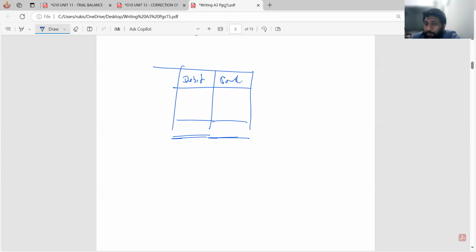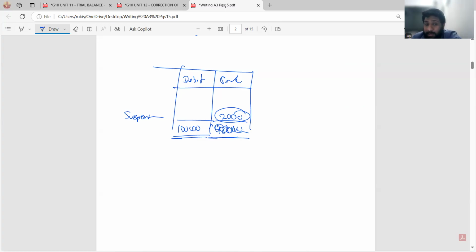That means probably what would have happened. Just say, if the debit side is 100,000, the credit side is only 98,000. That's why you are writing 2000 to the credit side of the suspense. After that it will become 100,000.